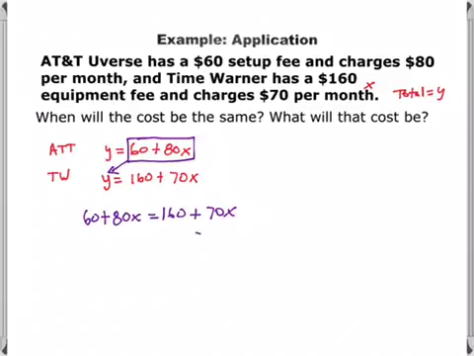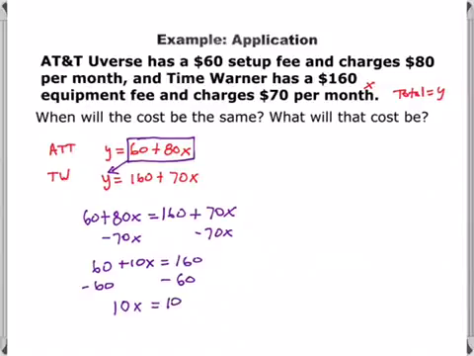And we're going to solve. So we subtract 70x from both sides. This gives us 60 plus 10x equals 160. We'll subtract 60 from both sides. We get 10x equals 100. Divide by 10. And we should get x to equal 10.